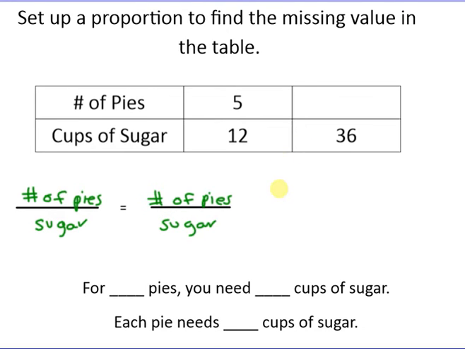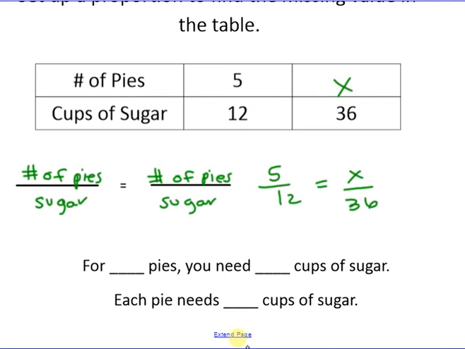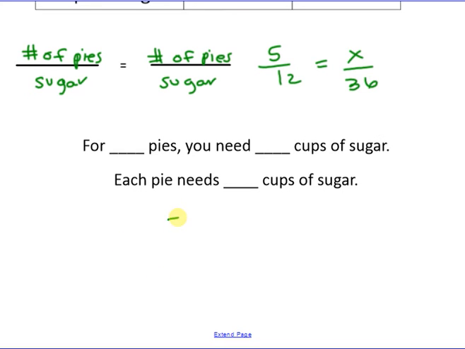So I have 5 over 12. And then I have x over 36. It's nice because it's already organized in the table for me. So I have 5 over 12 equals x over 36.